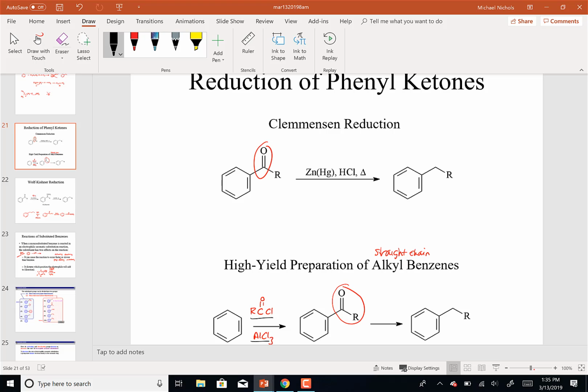So in order to do that reduction, there are two reagents that will do a very good job. One of them is called Clemmensen reduction. In Clemmensen reduction, you take zinc and mix it with mercury to make an amalgam. The zinc mercury amalgam isn't really toxic anymore. This is what they used to make mercury fillings out of for teeth, taking a metal and reacting it with mercury.